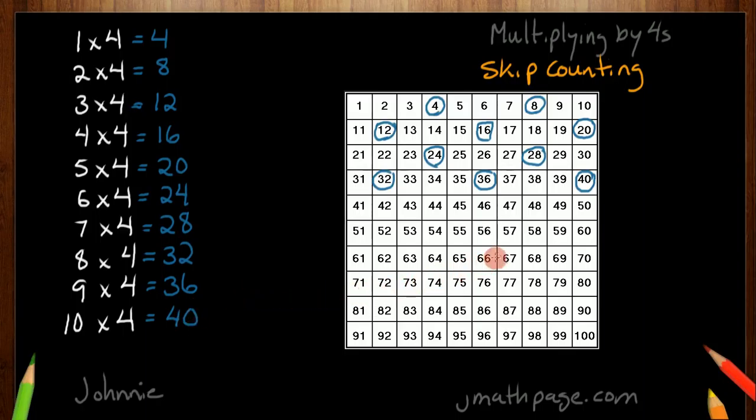Let's finish up this table just to see if there are any patterns. Alright? So, if we go to 40 and we count off 4 more, 1, 2, 3, 4, takes us to 44.